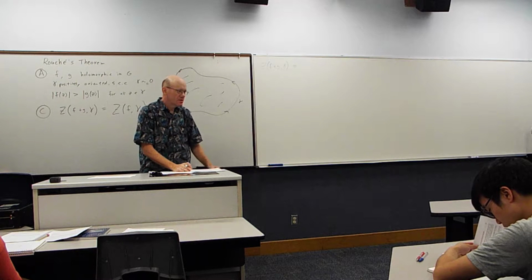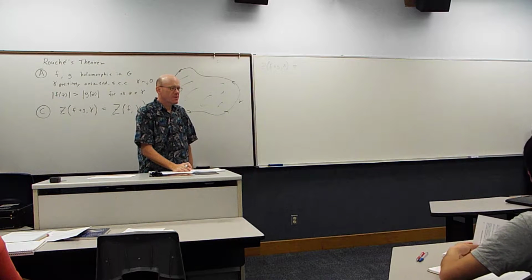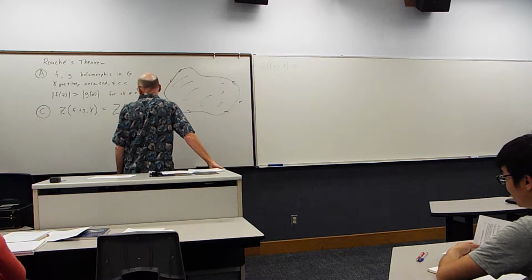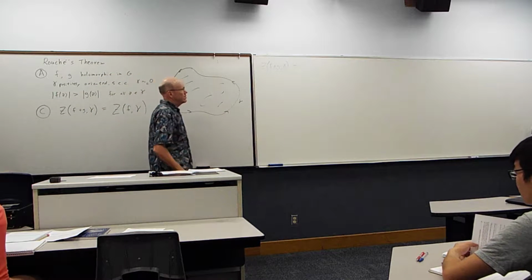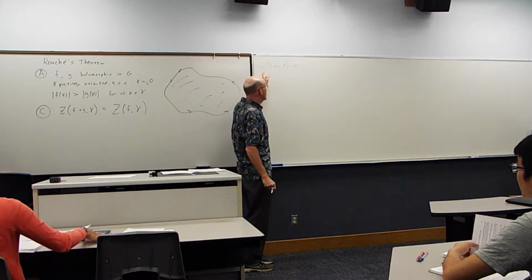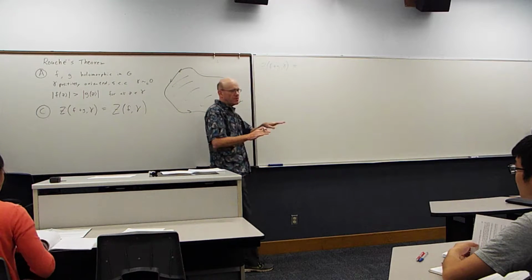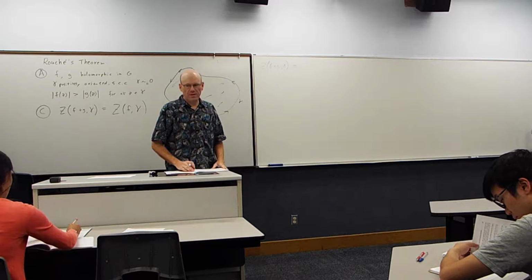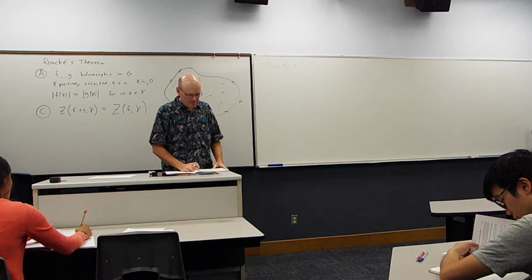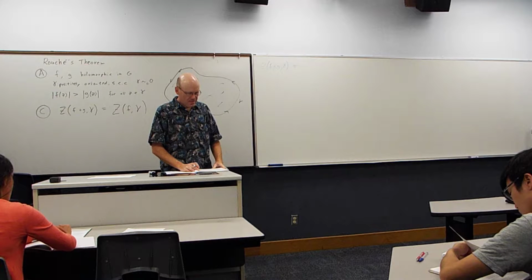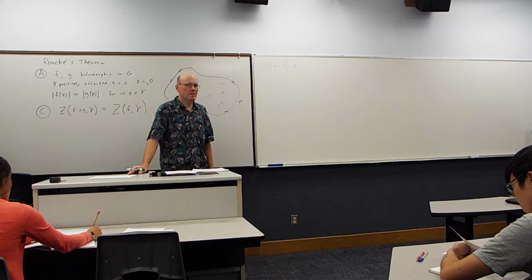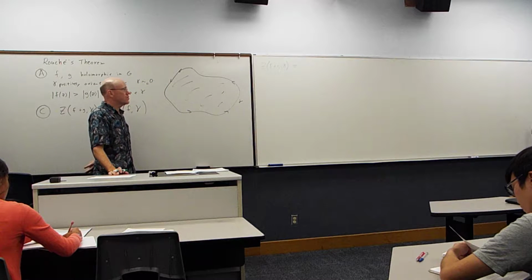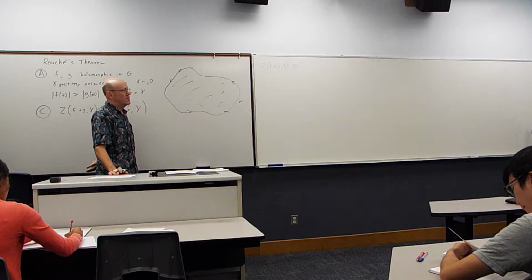Let me ask Michael here. According to the argument principle, what's one way to calculate the number of zeros? Just flip things around. What does the argument principle say first of all? The number of zeros minus the number of poles is equal to the integral of f prime over f.